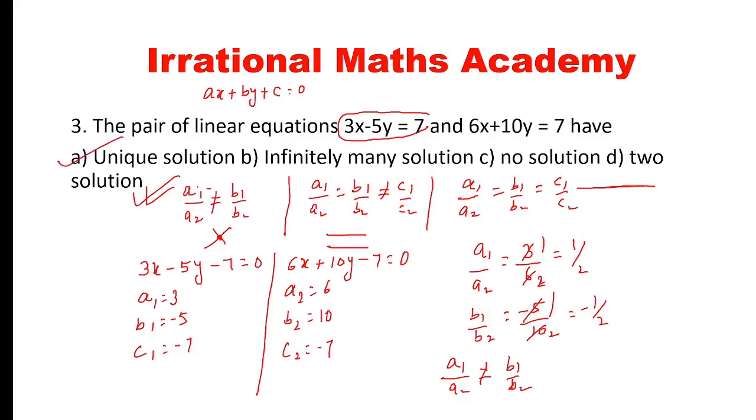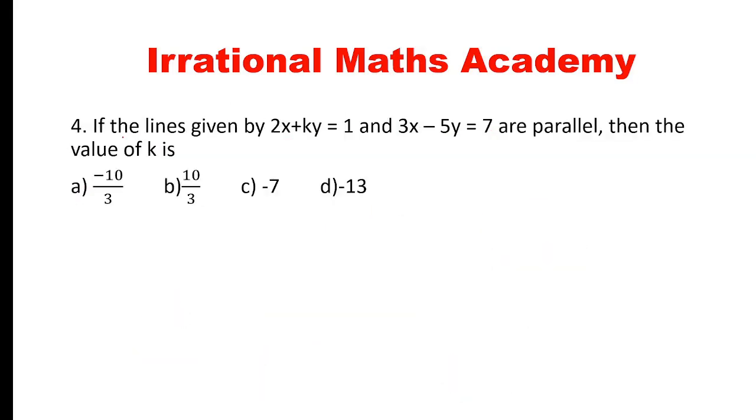Unique solution. Next. If the lines given by 2x plus ky equal to 1 and 3x minus 5y equal to 7 are parallel, then the value of k. Just now we saw the condition for parallel: a1 by a2 equal to b1 by b2 not equal to c1 by c2. First write it down in the standard form for easy understanding. So 2x plus ky minus 1 equal to 0.